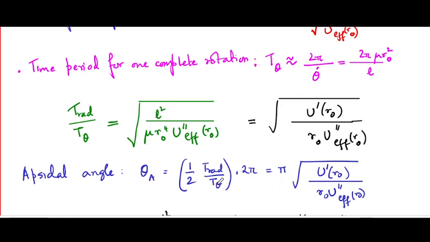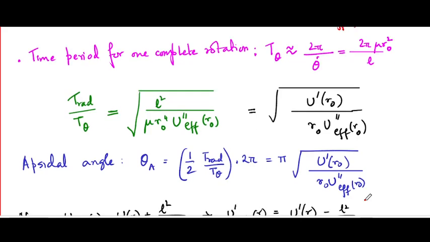So theta here works out to pi times square root of U prime R0 by R0 U double prime effective at R0. Now this essentially is the formula that we are looking for, but let us just change this to a formula which involves only the U and not the U effective.